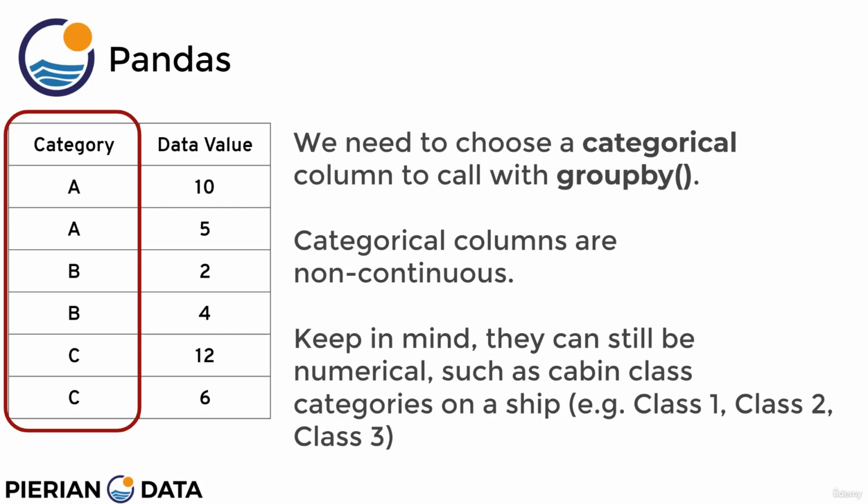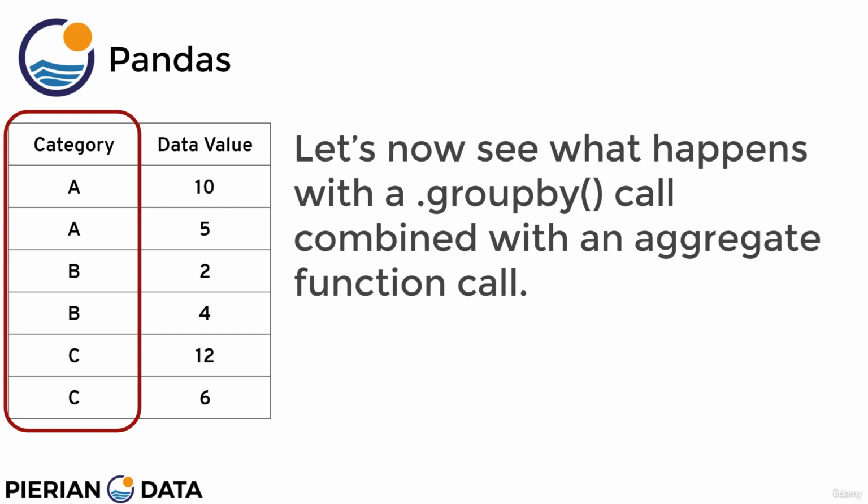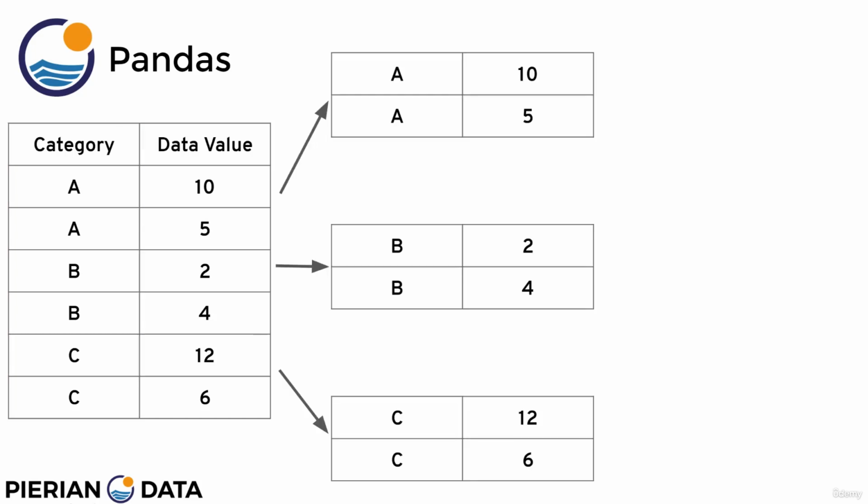Once you've decided on the categorical column, then what you do is you call a group by call on that, and it has to be combined with an aggregate function call. So what Pandas is actually doing under the hood is it takes in your data frame, and then once you decide on the category to group by, you essentially separate out all the other columns by the distinct categories.